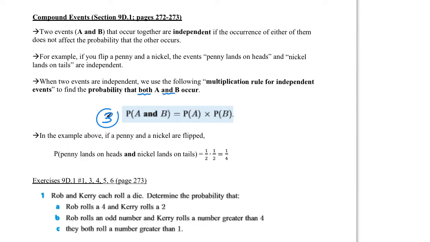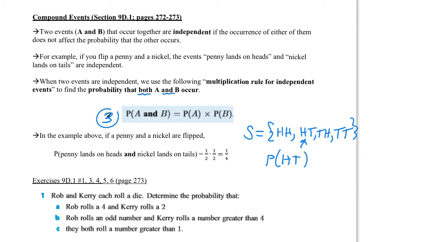So in the nickel penny example, if I want the probability that I get heads on the penny and tails on the nickel, well, heads on the penny has a probability of 1/2. Tails on the nickel has a probability of 1/2. Multiply together and you get 1/4. So what we've saved is the idea of sample space, knowing that there are 4 equally likely outcomes, and identifying this as the one of interest.